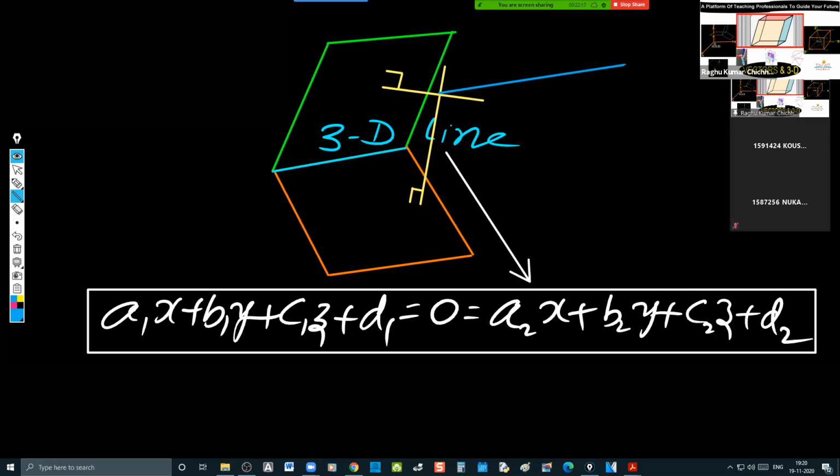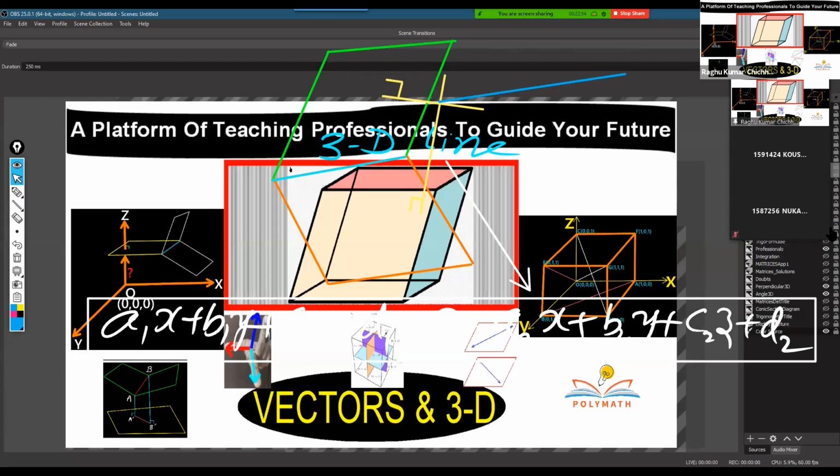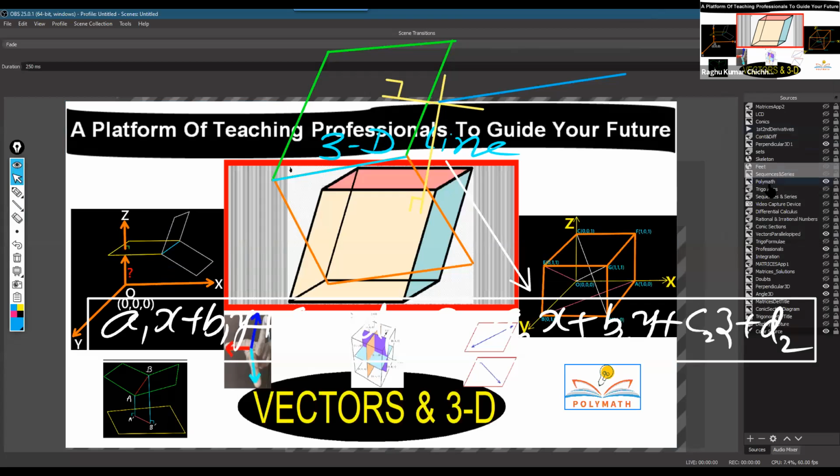This is the most important concept. See here carefully. If you understand that, that line goes very easy for you.